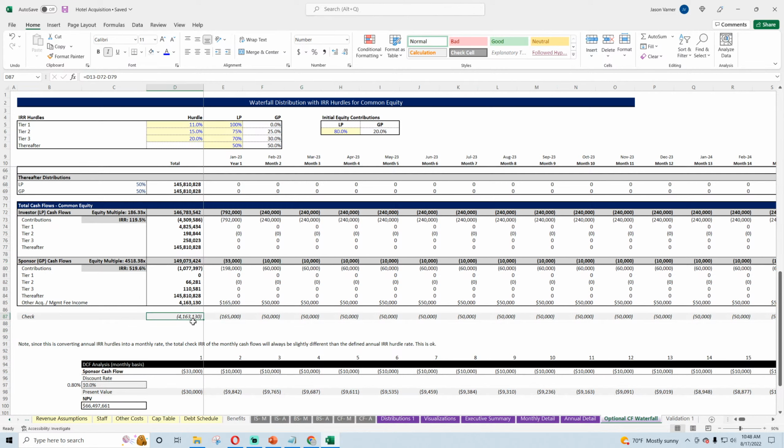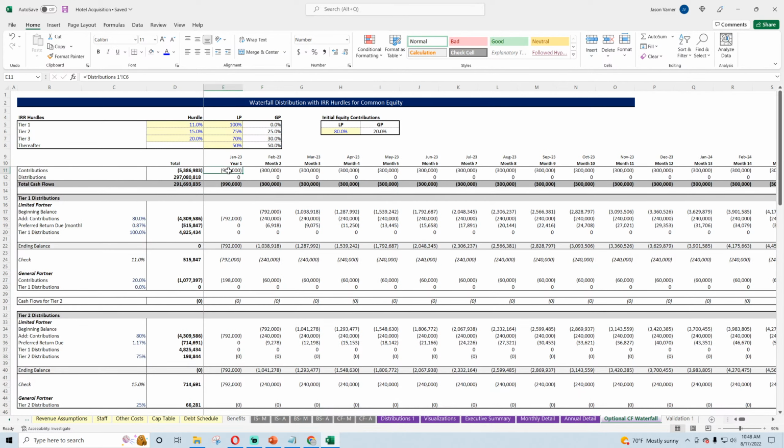Now this has to balance. So you can see how we're off by the exact fee amount here. That's because it's already coming out of this top cash flow, and then we're adding it back to the sponsor. So it's coming out here, but then we're saying the money coming out here is actually going back to the sponsor, so that it will never equal this.